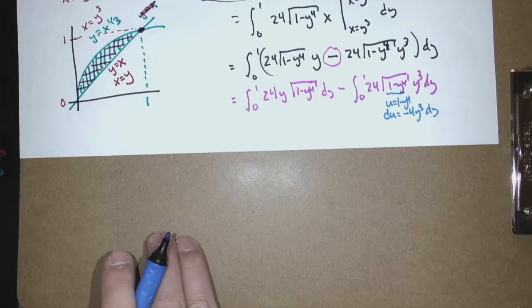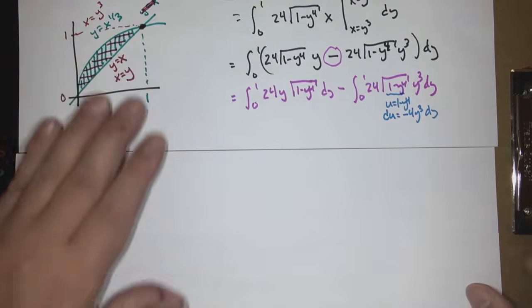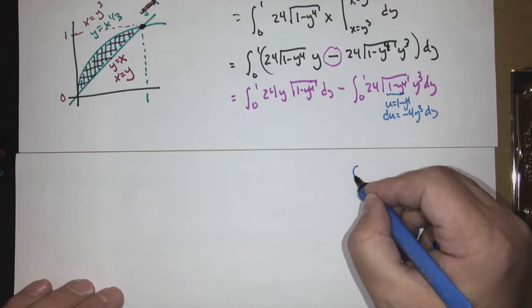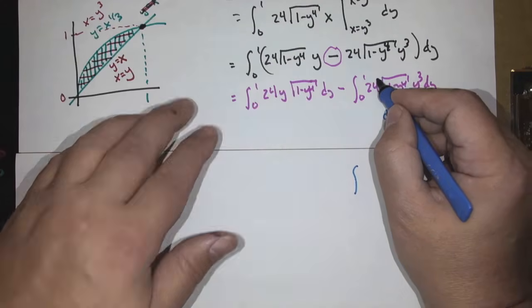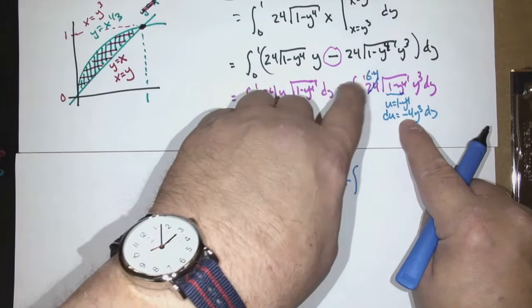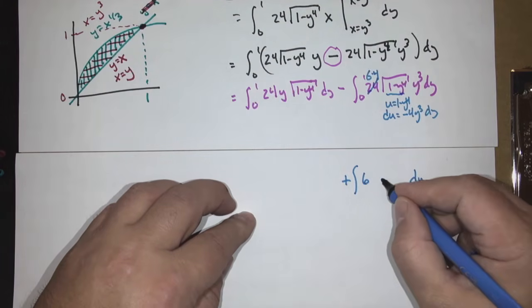Using our fancy extended paper technology, we have a minus, we have that 4. We can pull that, 24 is 6 times 4. So we're going to get a plus, because we've got the minus, 4y cubed dy leaves us with a 6 du u to the 1/2.